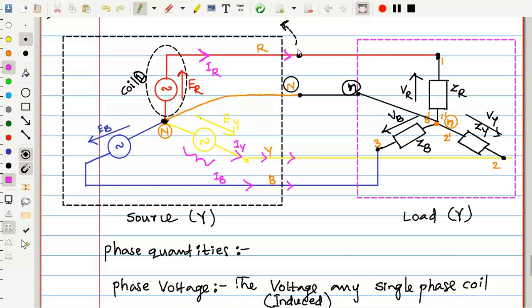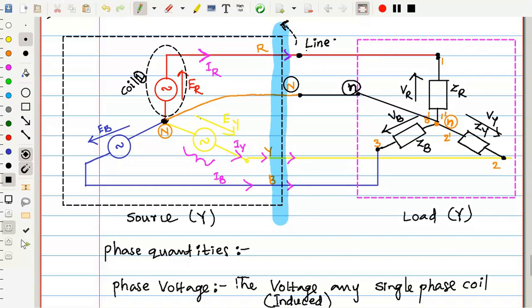But at the terminals outside of the generator, try to understand this very carefully. So this is the generator. Left side is the internal portion. Right side is the external. Now this right side external, the corresponding currents will be referred to generally as lines.